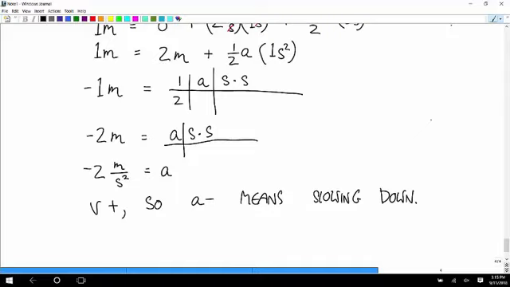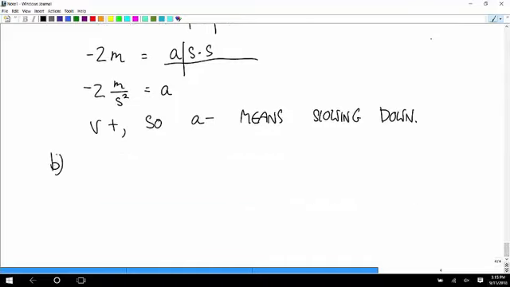Okay, so now for part B, we want to calculate the final velocity. We can keep all the same instants because that final velocity we want is at one of our two instants. So V final is already at our T final, so we can still keep those.